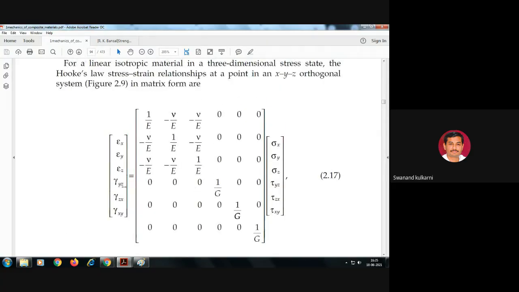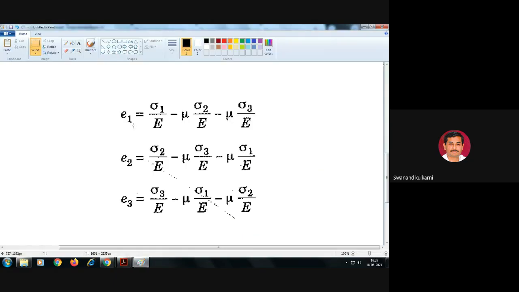See here, epsilon x, epsilon y and epsilon z. Here E1, E2, E3 are nothing but epsilon x, epsilon y and epsilon z only. Now, here it is represented as E1, but it is epsilon x. How can it be related with sigma 1, sigma 2 and sigma 3?